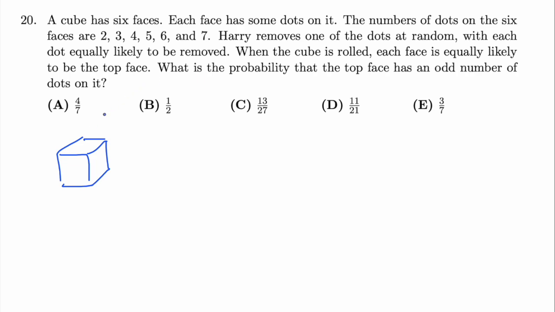Okay, so normally, if one of the dots is not removed, what would be the probability that the top face has an odd number of dots on it? If it's just the initial case, then 3, 5, and 7 are the odd ones out of 6.